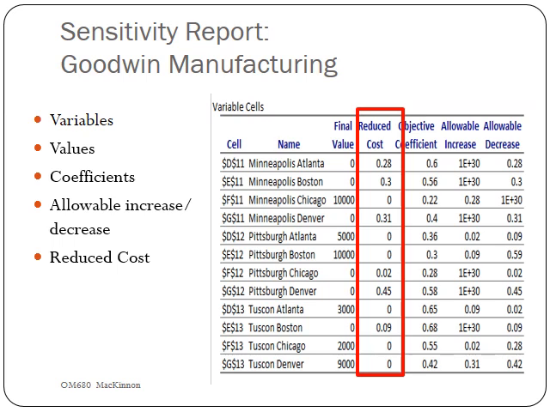Notice the reduced cost only appears as a positive number for those routes that don't get taken. So the way to interpret this is that Minneapolis Atlanta is not going to kick in and be used unless the cost goes down by at least 28 cents. Minneapolis Boston is not going to kick in and be used unless the cost goes down by more than 30 cents. Same for Minneapolis, Denver, and so on. So this is the range of insensitivity.